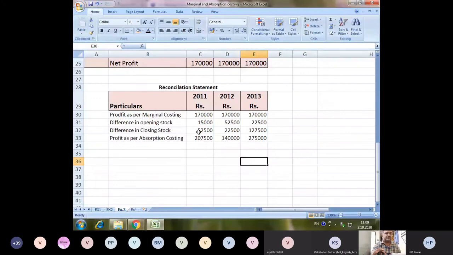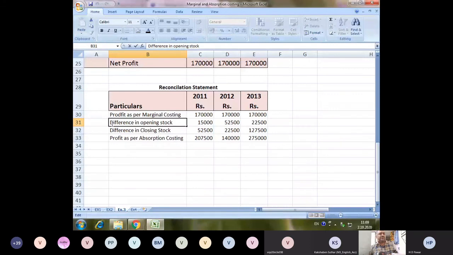Now, how do these differences work? So 170 plus or minus, one is added, one is subtracted. Our target is 2,07,500. Okay, so first we put 1,70,000 here, 170 plus 15,000 and minus 52,500. So your answer is 132.